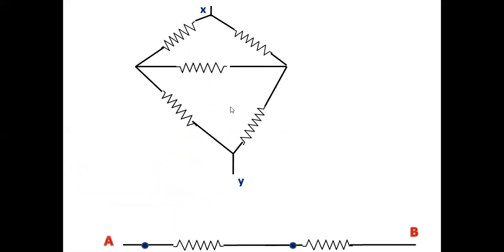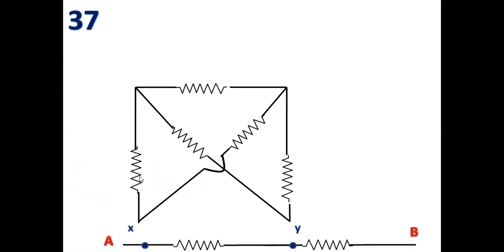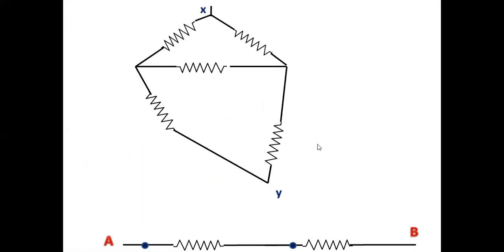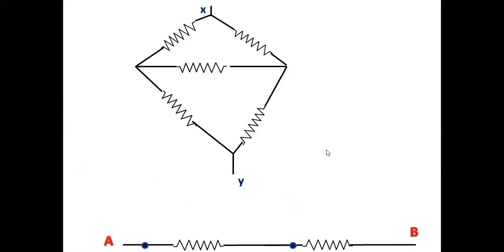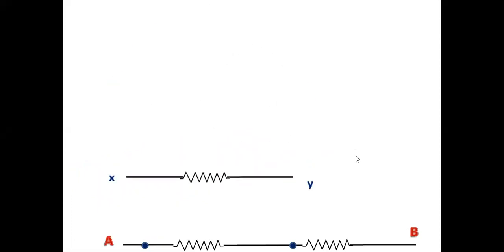X is above, right? Where is X? X was here, right? That X was unfolded and it is kept above. So it was kept above and unfolded like this, right? And now the equivalent between X and Y is R, and that R has to be replaced here.